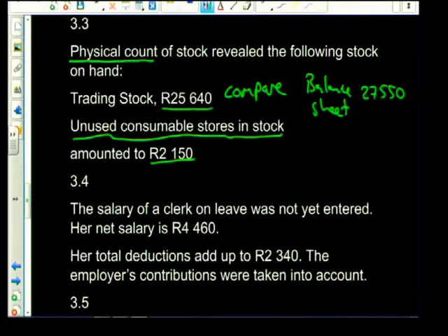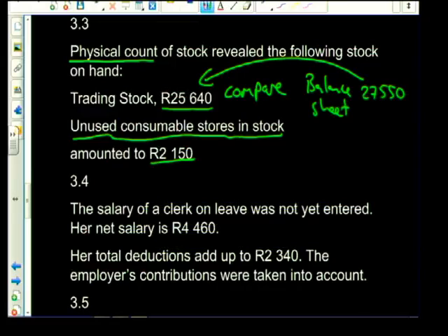That is the trading stock that we think we have. But when we counted it, we saw that there was trading stock of 25,640. So there is some discrepancy between these two. What we think we had is much more than what we actually have when we count it. So we actually have a trading stock deficit because the amount in the trial balance is much more than the amount that we've actually counted.